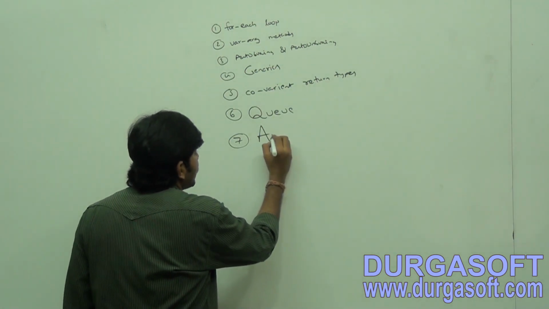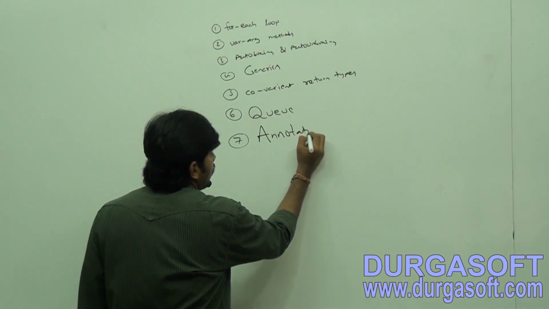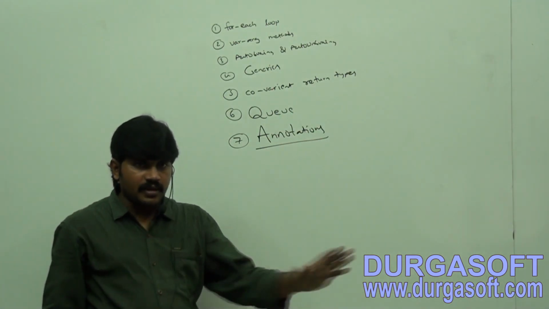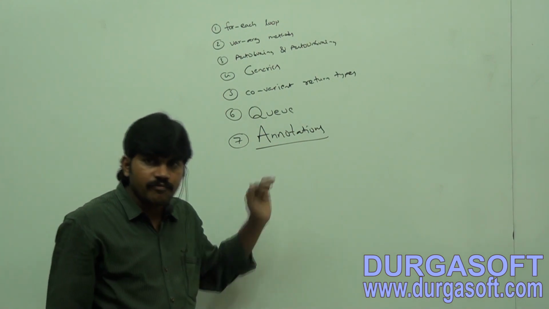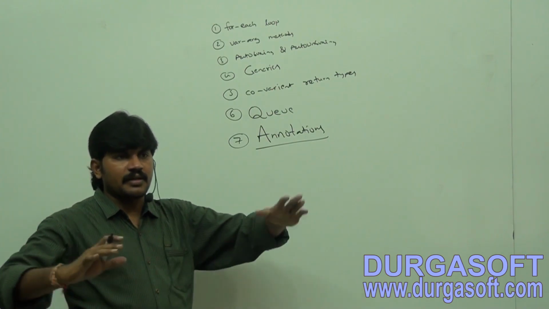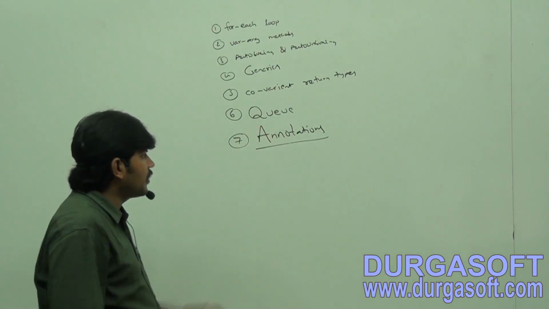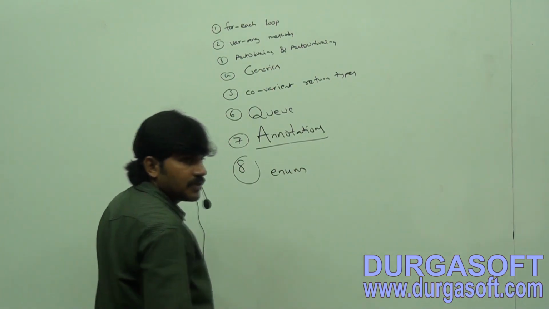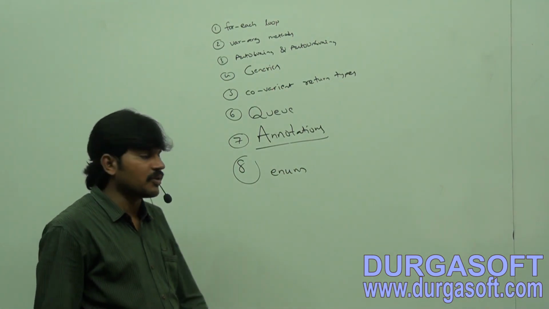Next, the annotations concept came. Annotations are rolling like anything these days. In every advanced concept, servlets, JSP, EJB, everywhere annotation is a very common word these days. After that, the enum concept also came in the 1.5 version only.